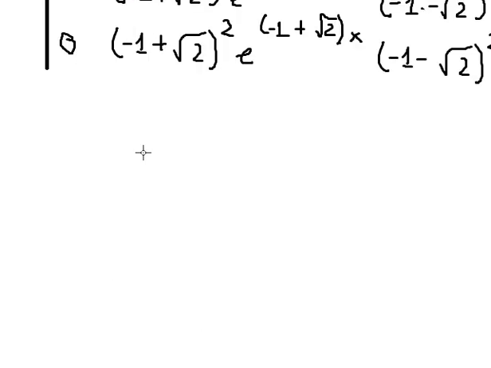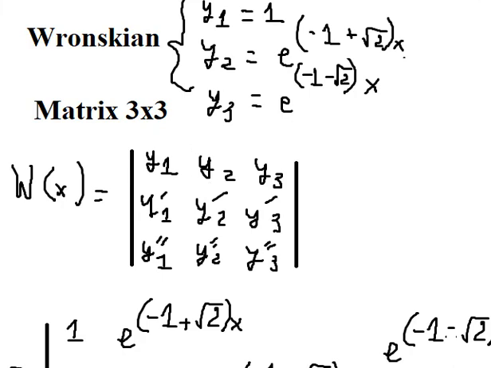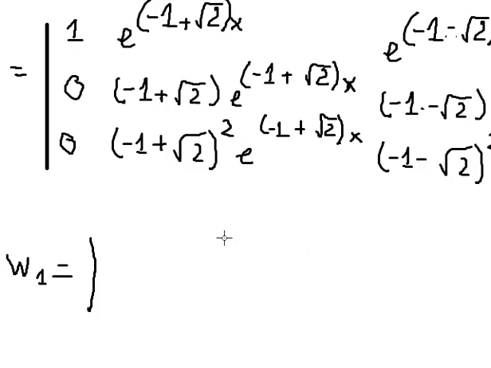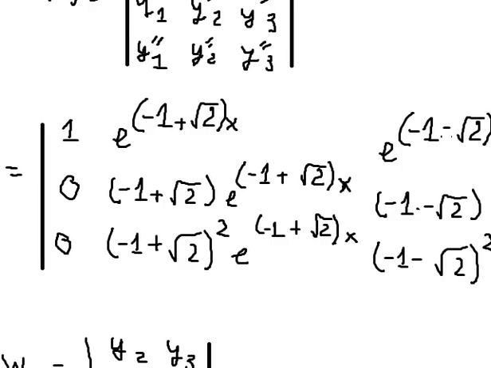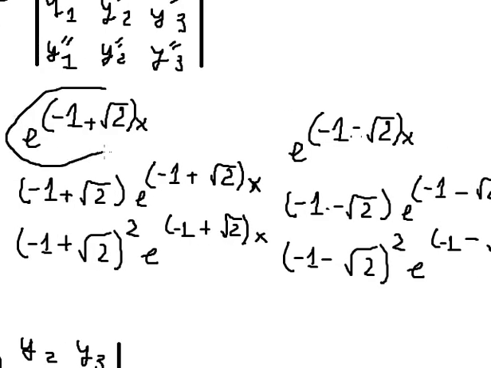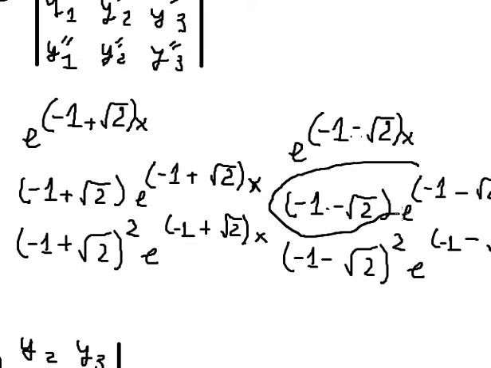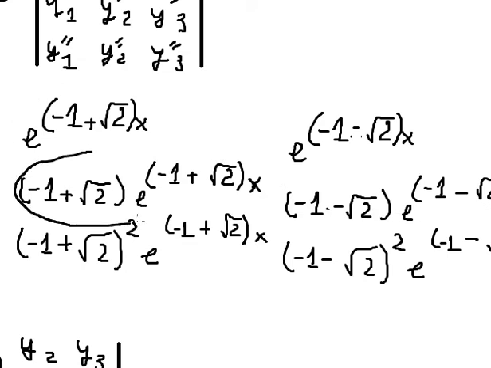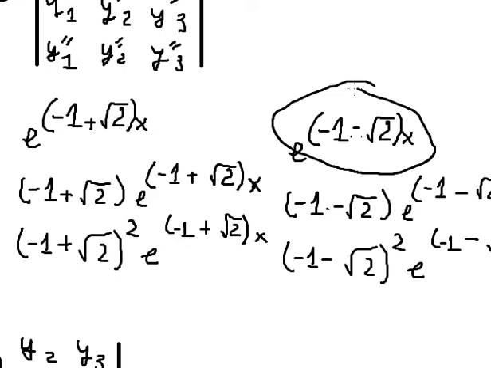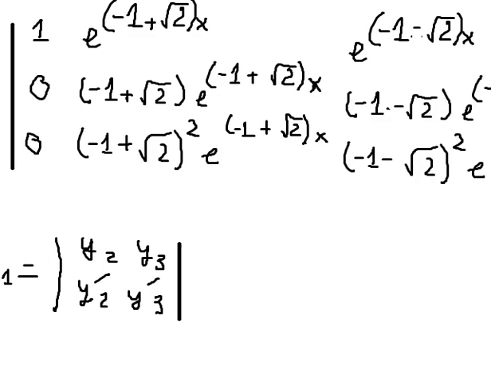Now we need to find Wronskian number 1. That should be this matrix. So that means this one multiplied by this one, then this one multiplied by this one, and we have the negative sign in here.